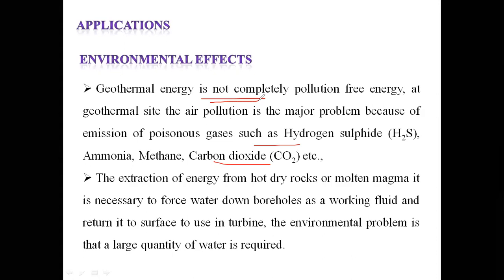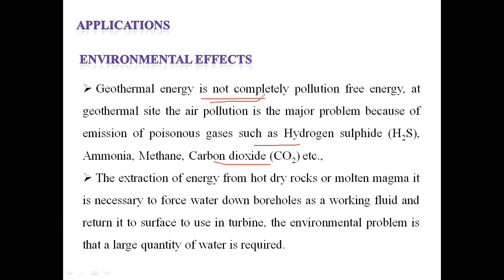In this class, we have discussed the introduction of the geothermal power plant and the working principle of the geothermal power plant. And what are the main sources used in geothermal? Actually, in the geothermal power plant, the main source used is magma resources, but four methods are available: hydrothermal system, geopressure system, petrothermal system, and magma resources. Out of these, only magma resources are preferred.